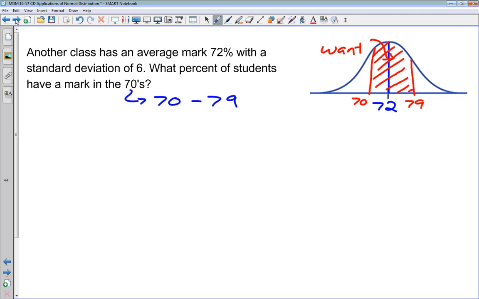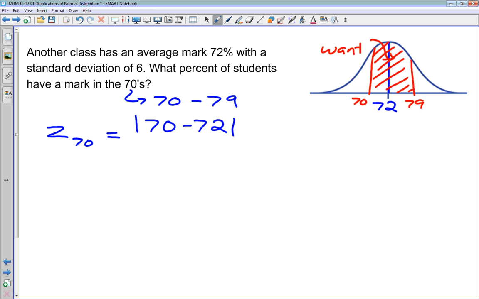So how are we going to proceed here? I think we need to calculate the z-score for both 70 and 79 to get the two areas combined. Let's do 70 first. I'll say z70, just that little subscript of 70 so you know which z-score this corresponds to, is going to be the value minus the mean, so 70 minus 72.